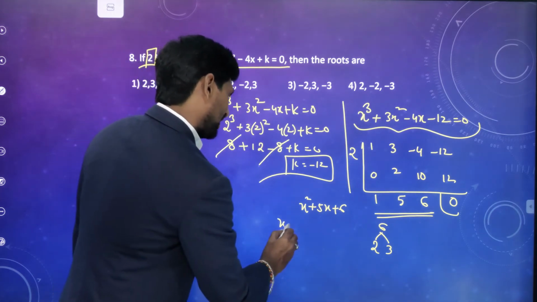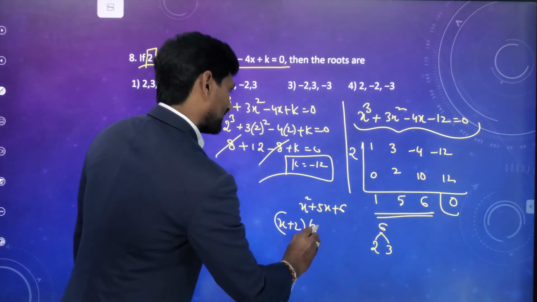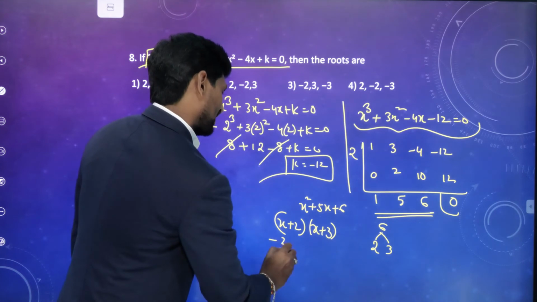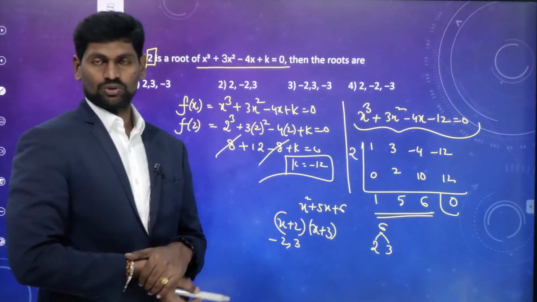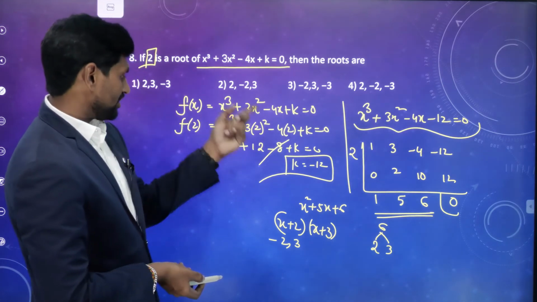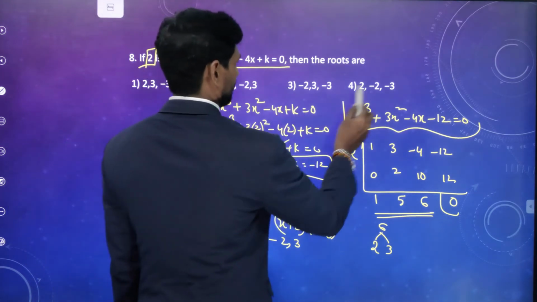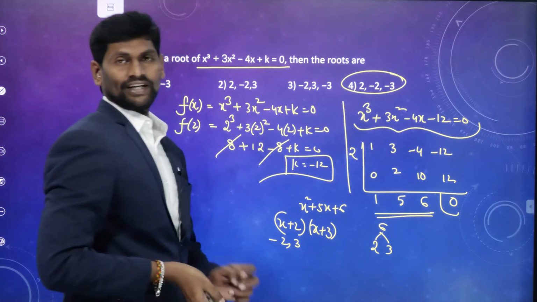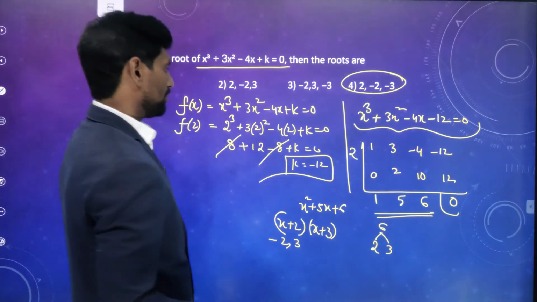That means we can write x plus 2 into x plus 3. Therefore minus 2 and minus 3 will be the roots. Minus 2 is already there, so the roots are 2, minus 2, minus 3. Fourth option.